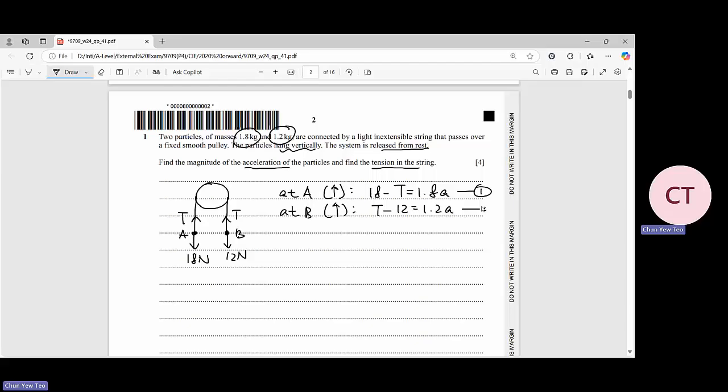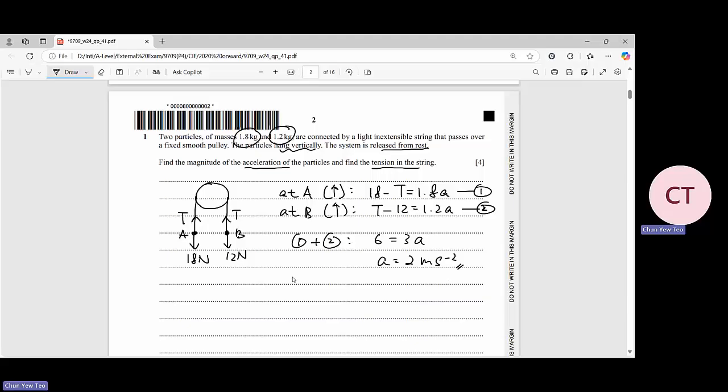That will be your second equation. Here we want to find the acceleration. Just add equation 1 and equation 2 together, you have 6 equals 3a. Then your acceleration is equal to 2 meter per second square. So we found the a.